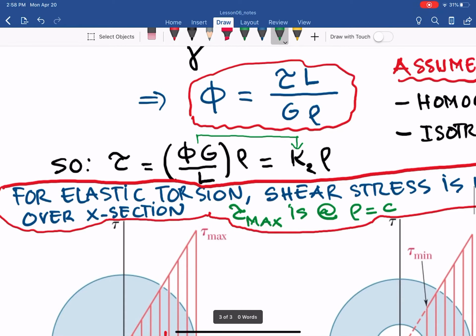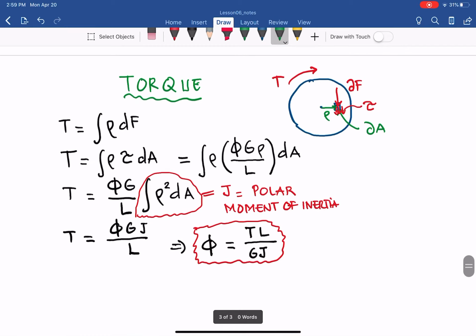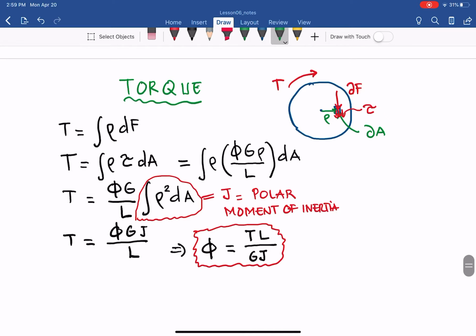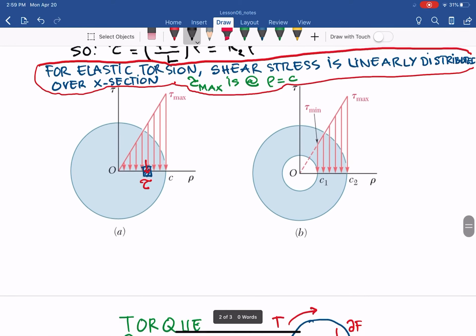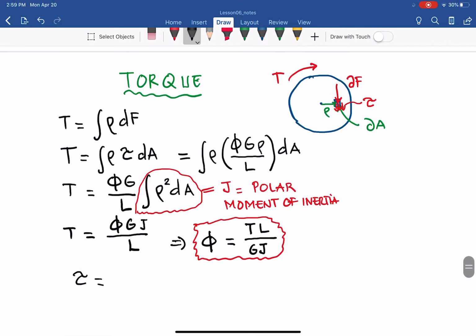Tau equal to phi G over L rho. And now let's replace phi with the equation we have, right? So you have tau equal to, so here phi G over L rho, right? So we have phi G over L rho.